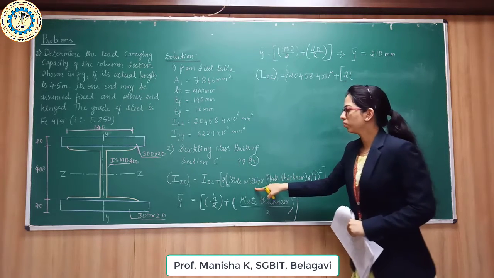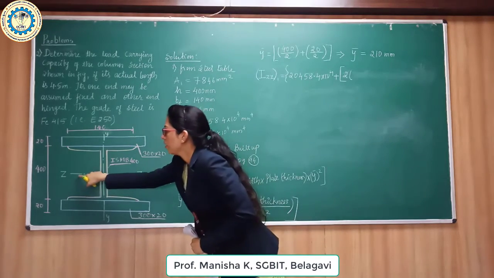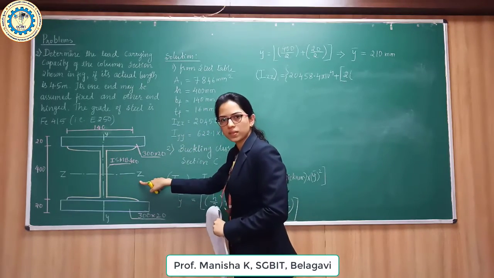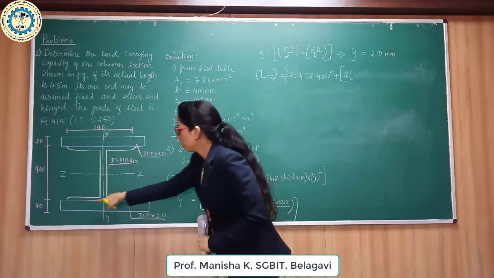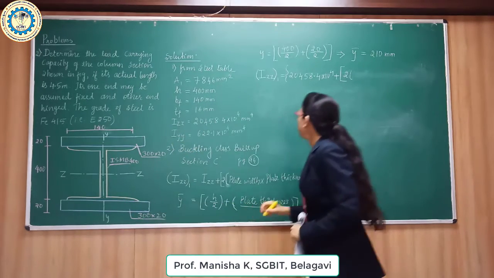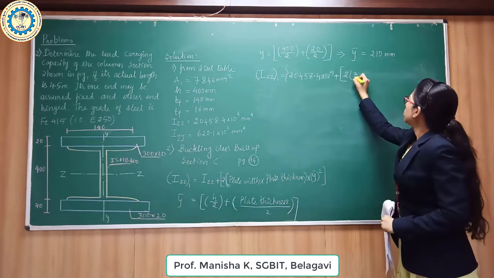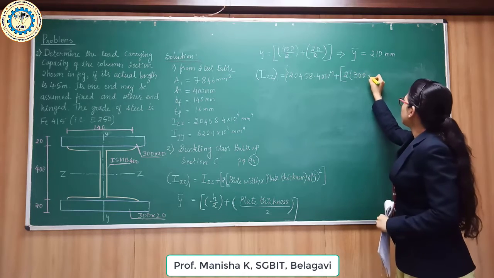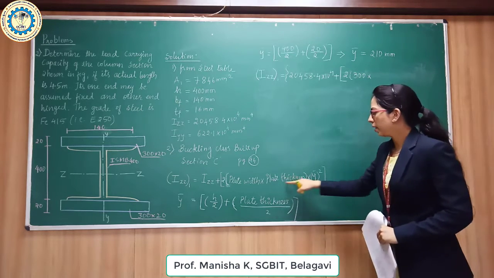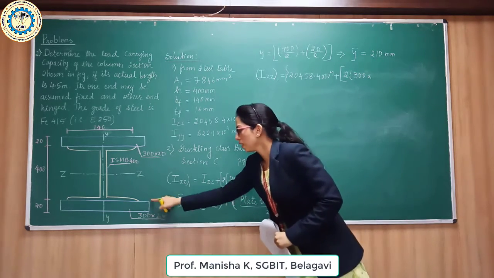Plate width is what? This is your z axis, and plate width is 300 mm into plate thickness of 20 mm.